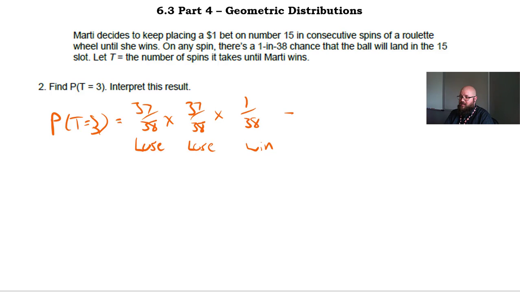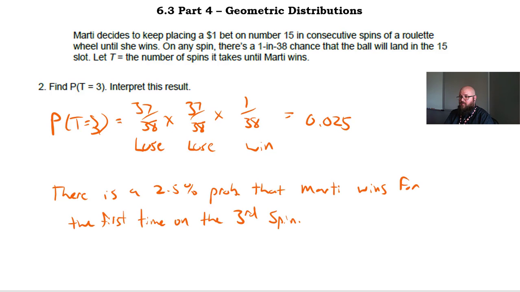Okay? And that should come out to give you 0.025. So to interpret that, we're simply saying there is a 2.5% probability that Marty wins for the first time on the third spin. All right, so let's see what we got.